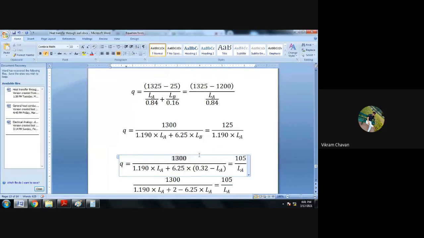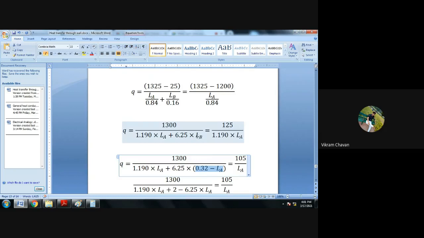Okay, so further, once again, what we have done is the reduction in this particular equation. 125 divided by 1.190 will be equal to 105. And instead of L suffix B, we have considered 0.32 minus L suffix A, as given in the data.